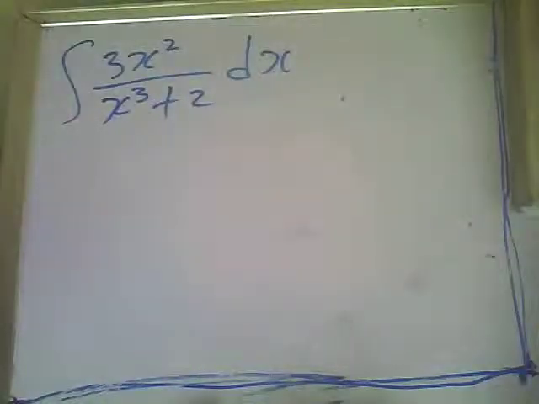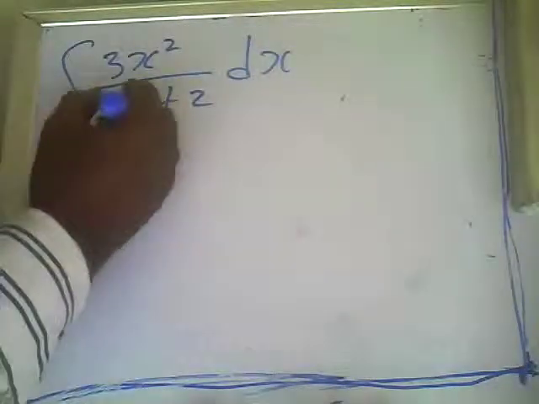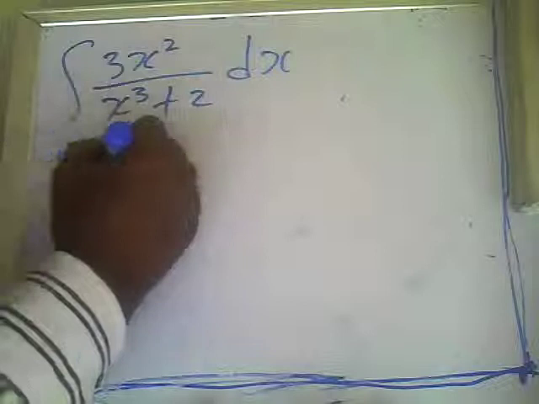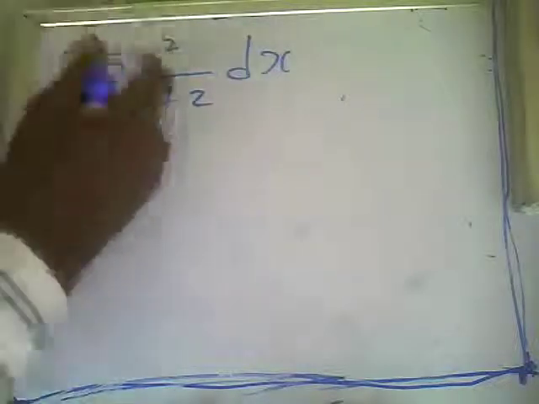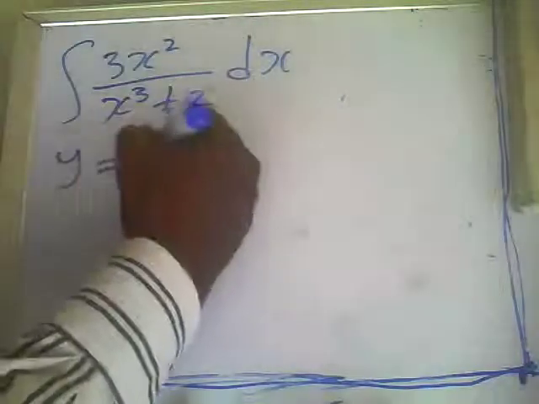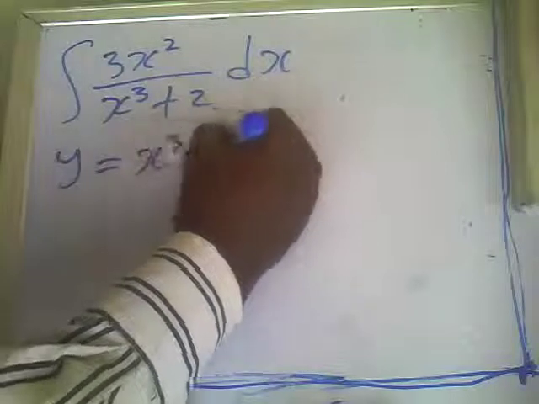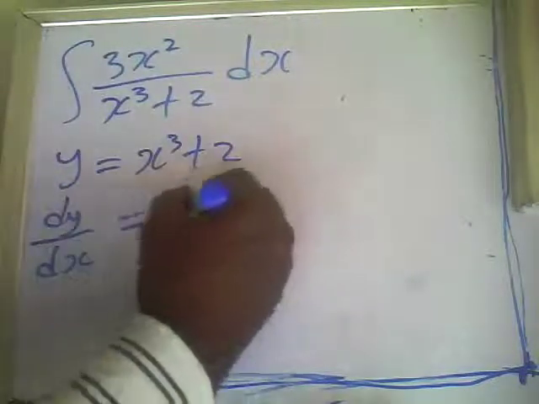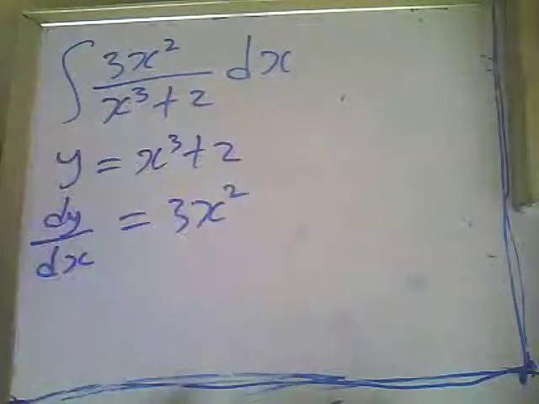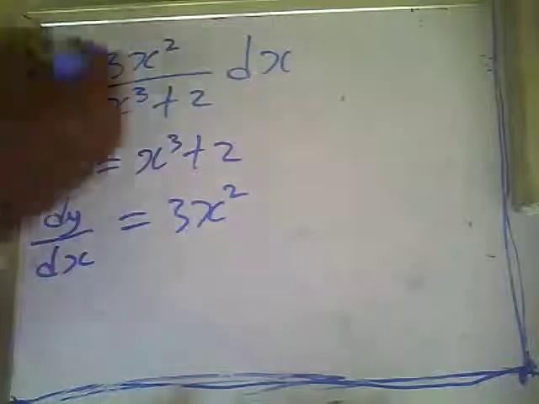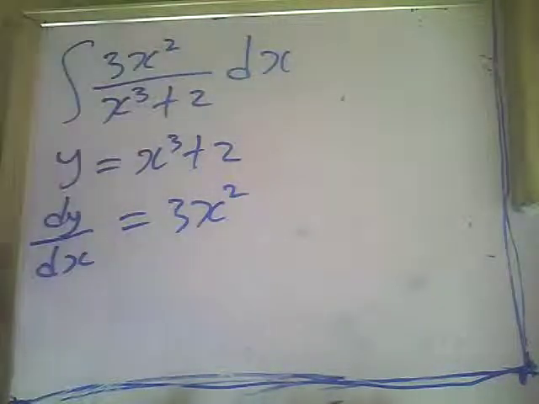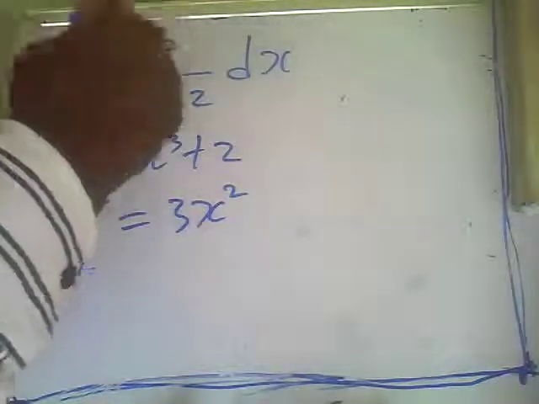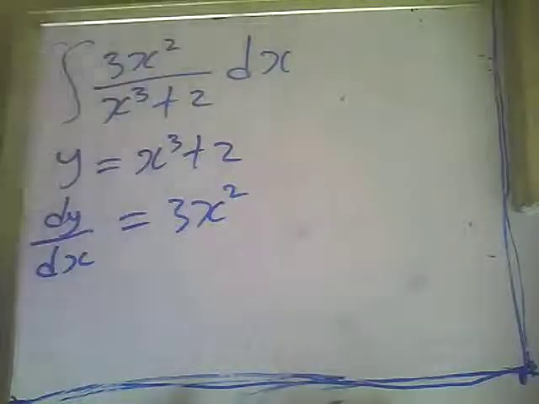Now let's pick out the denominator to examine the relationship between numerator and denominator. The denominator is x cubed plus 2. When you differentiate the denominator, you're going to have 3x squared plus 0. So you can easily see that the numerator of the fraction is the derivative of the denominator.